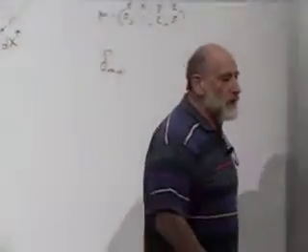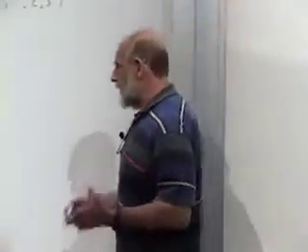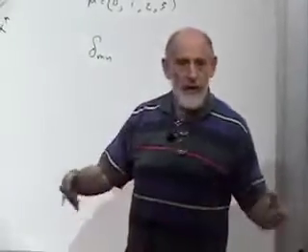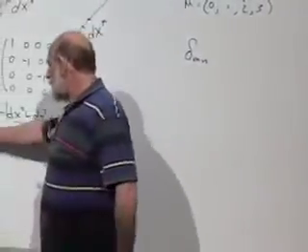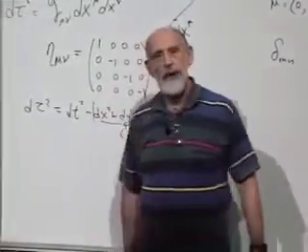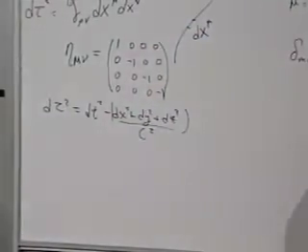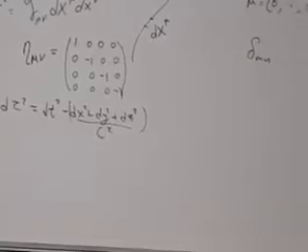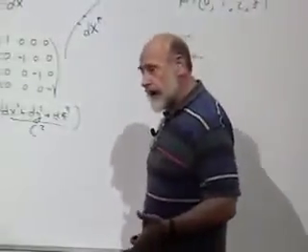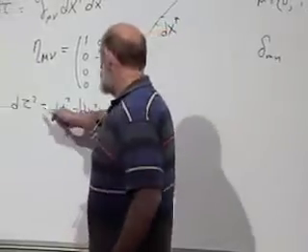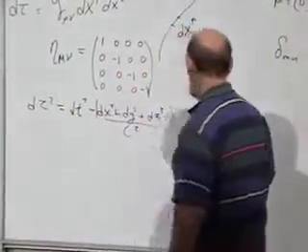So for slowly moving objects in a frame of reference in which everything is moving slowly, time and proper time are very close to being the same thing. But more generally, if we're interested in things which are moving fast, then this is the proper time along a trajectory.